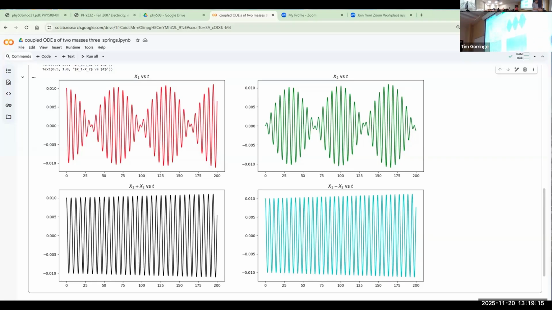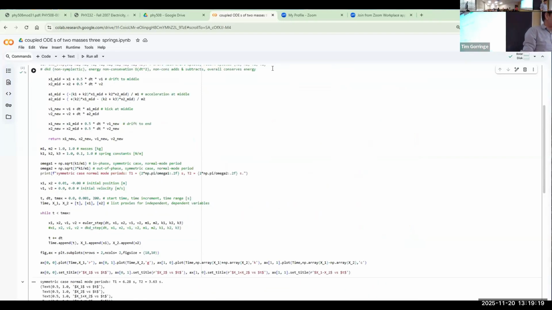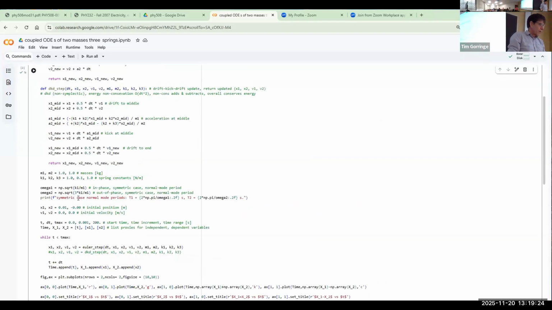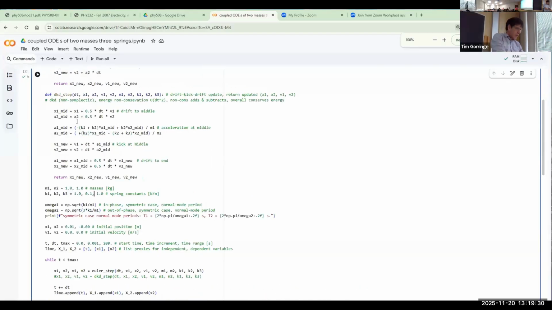Now, what did I run this with? Let's go back upstairs and run it with a few test cases. Let me first just switch off the coupling spring. I've set K2 to be 0.